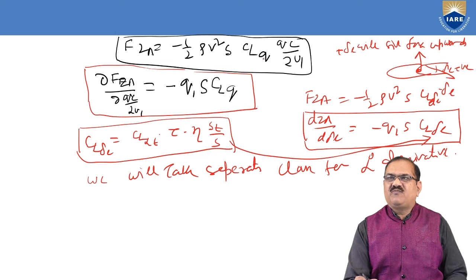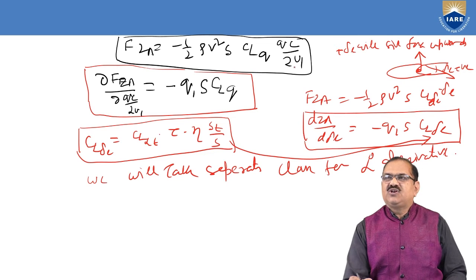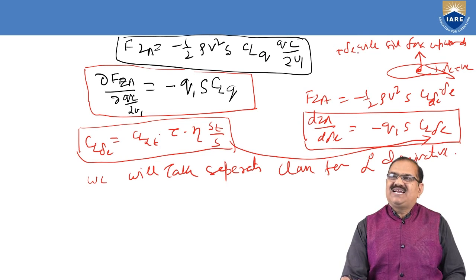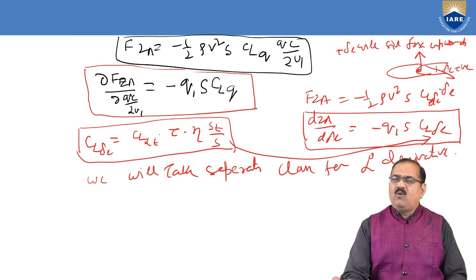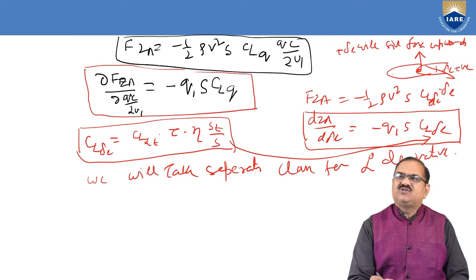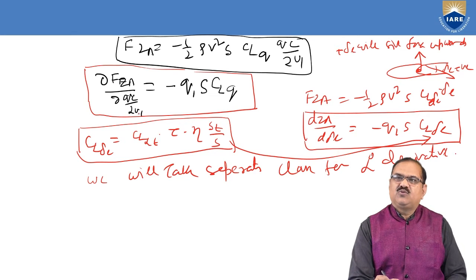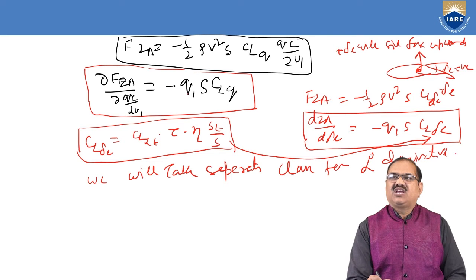Now CLQ, we have to find out QC by 2U1 plus delta E will give force upward. Okay, so now here you can see that dou FZA by dou QC by 2U1 is equal to minus Q1 S CLQ.